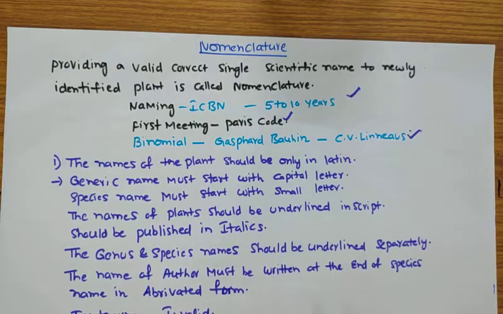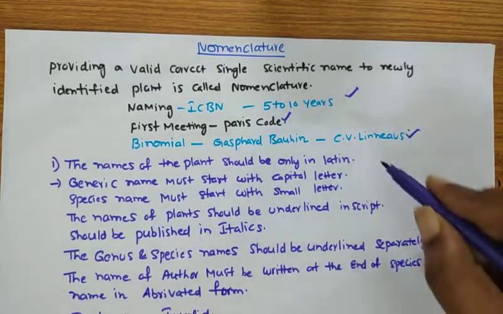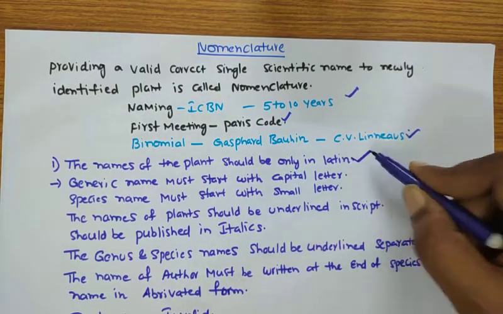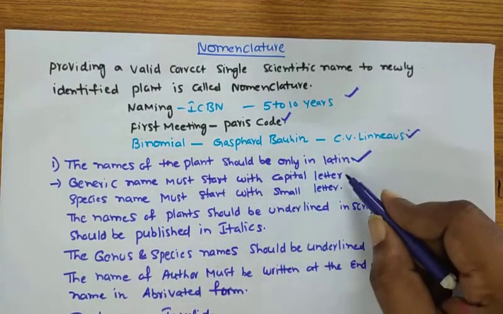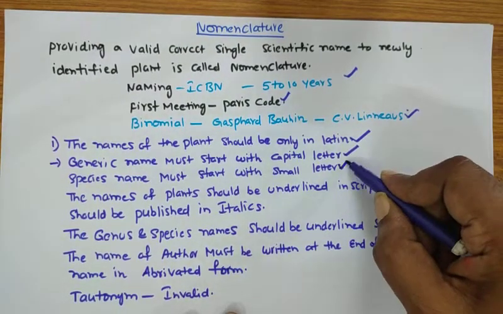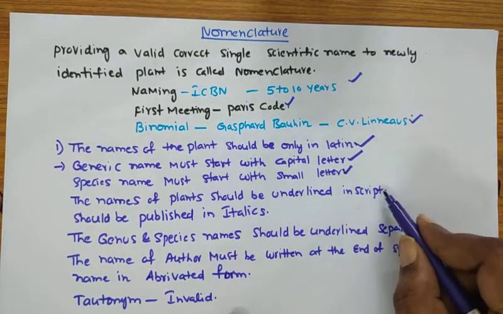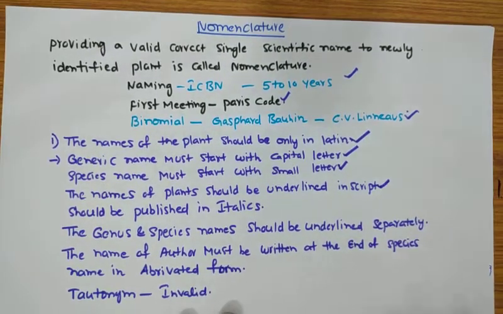Now the ICBN rules of binomial nomenclature. The names of the plants should be only in Latin. The generic name must start with a capital letter. The species name must start with a small letter. Remember that one. The names of the plant should be underlined in script, whereas when published they are in italics.